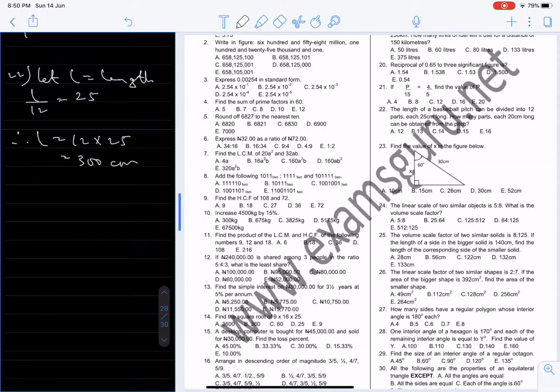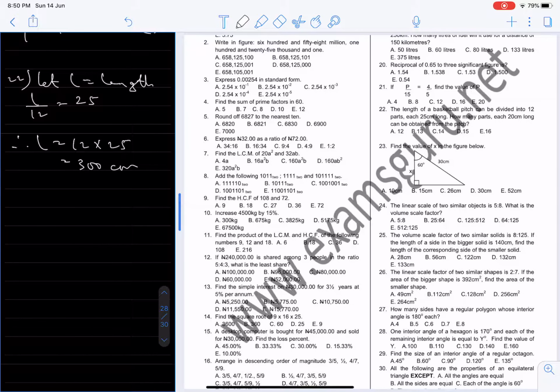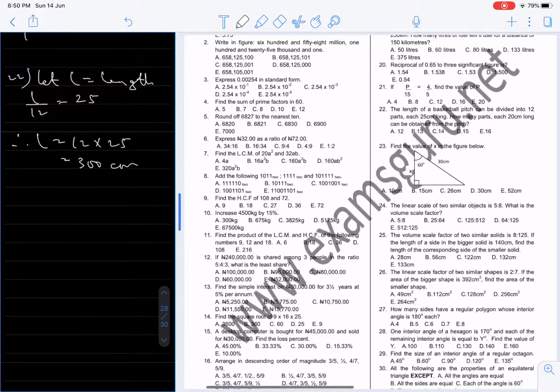Now, if you divide it such that each part is 20 centimeters, how many parts will you be able to divide it into?